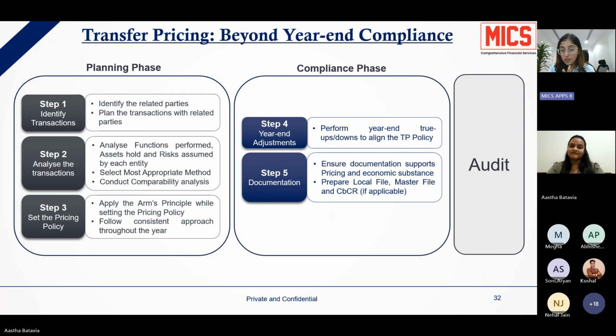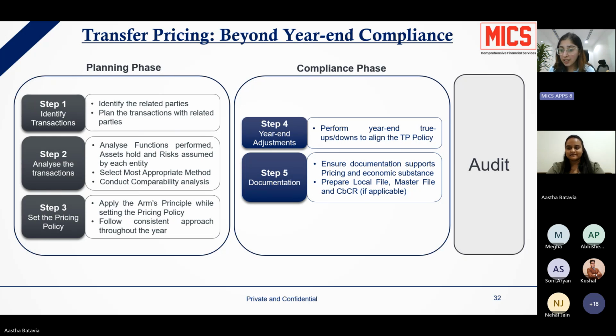There's another jargon in the world of transfer pricing known as FAR analysis, which is where you analyze your functions, assets, and risks performed. We will take all of this in our next upcoming series and therefore are not covering it here in detail. But yes, you have to analyze those transactions. You have to sit with your board. You have to prepare your TP policies. Your consultants might even interview your employees to know what functions they perform.